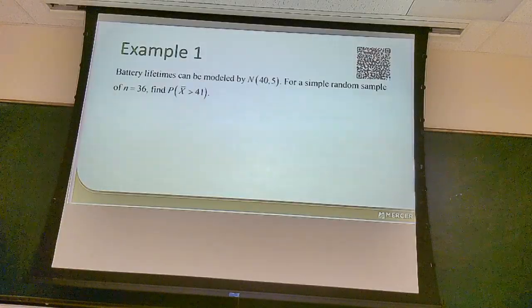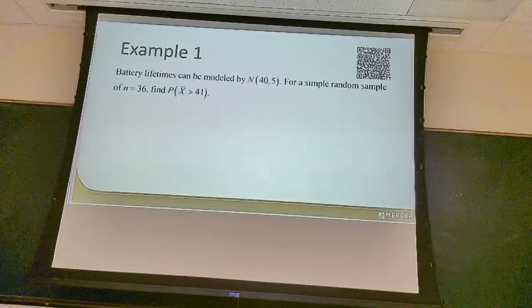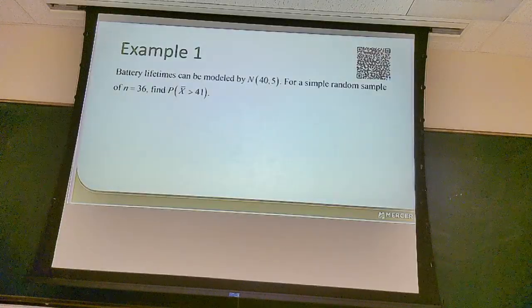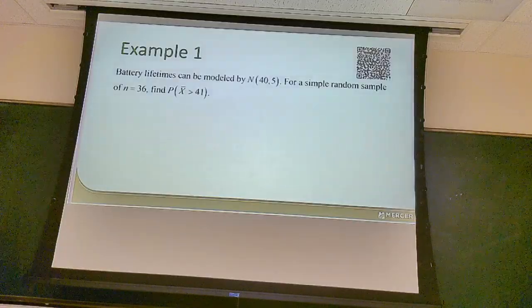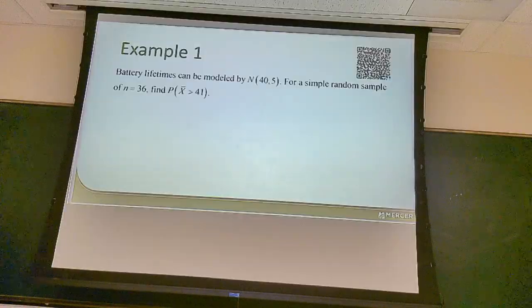So battery lifetimes can be modeled as a normal distribution. Simple random sample of n equals 36. Find the probability that the mean of that random sample is larger than 41. Well, it's already normally distributed, so the sample size doesn't even matter.